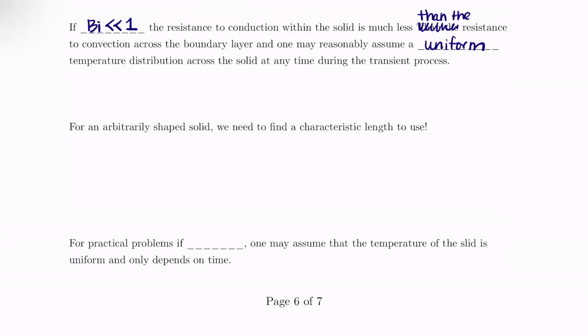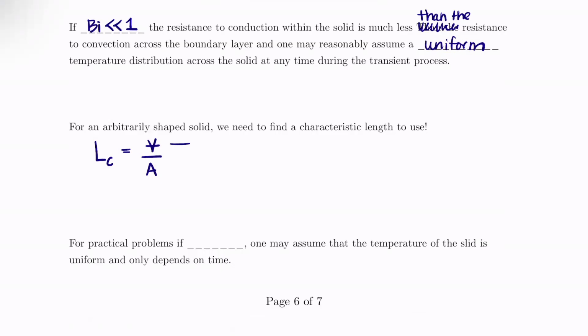So what we're going to do is the following. For our sphere, or any arbitrarily shaped solid, we're going to use our characteristic length that's equal to the volume of that object divided by the surface area.